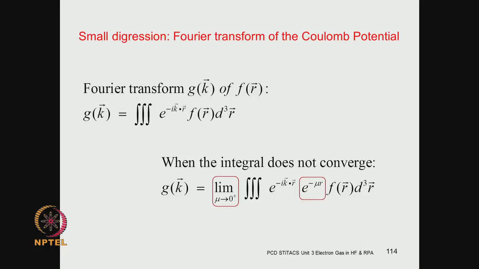So when this integral does not converge, as it does not in the case of the Coulomb interaction, you can evaluate this in terms of a mathematical device. Introduce this e to the minus mu r and then take the limit mu going to 0. So the Fourier transforms work quite all right using this technique.